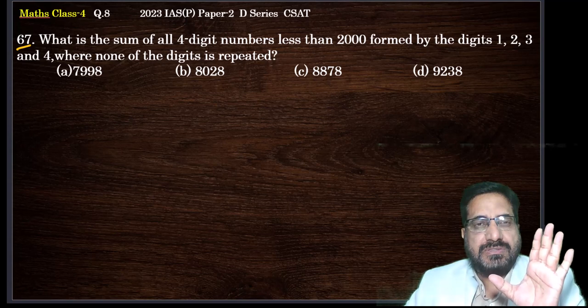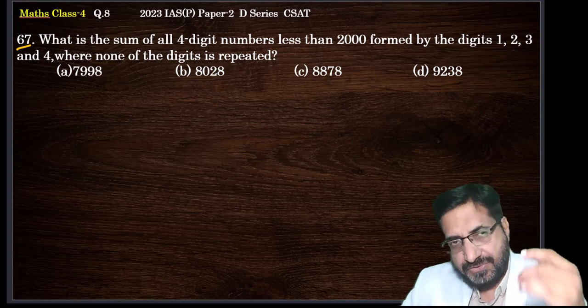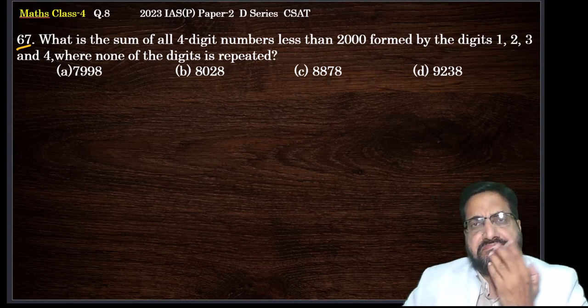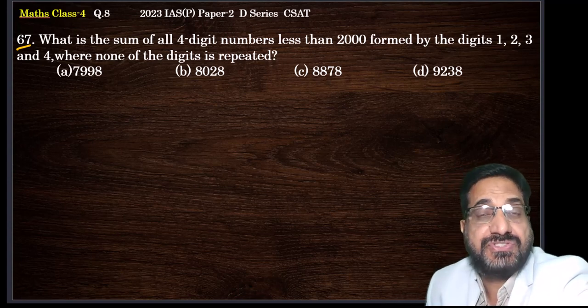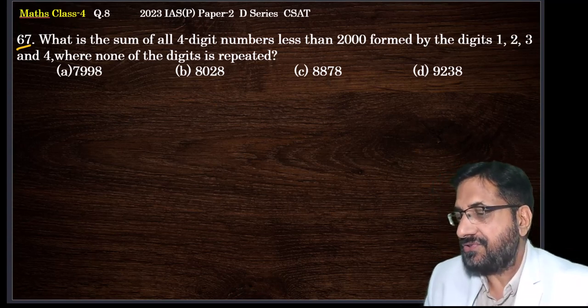Very simple question. This is the simplest of what we have solved so far. I don't know why people are so scared of this CSAT paper. Anyway, how are you going to solve this?